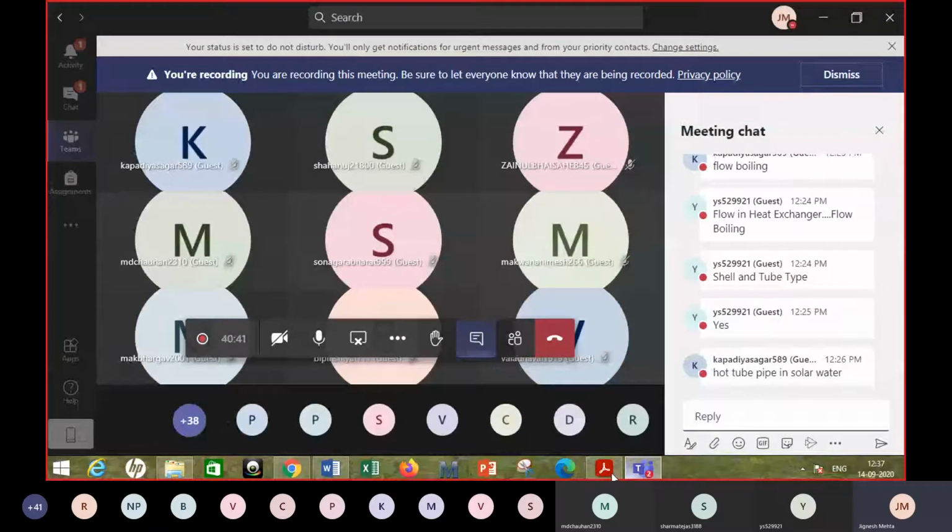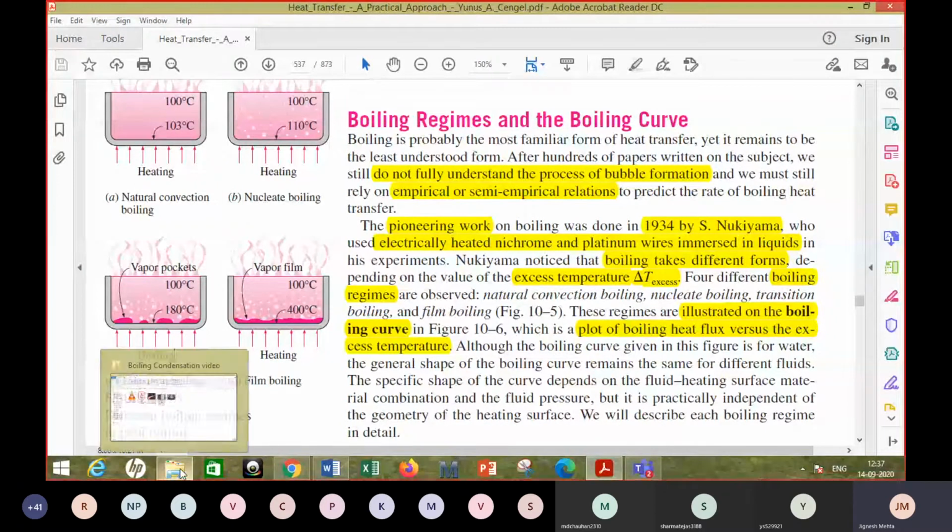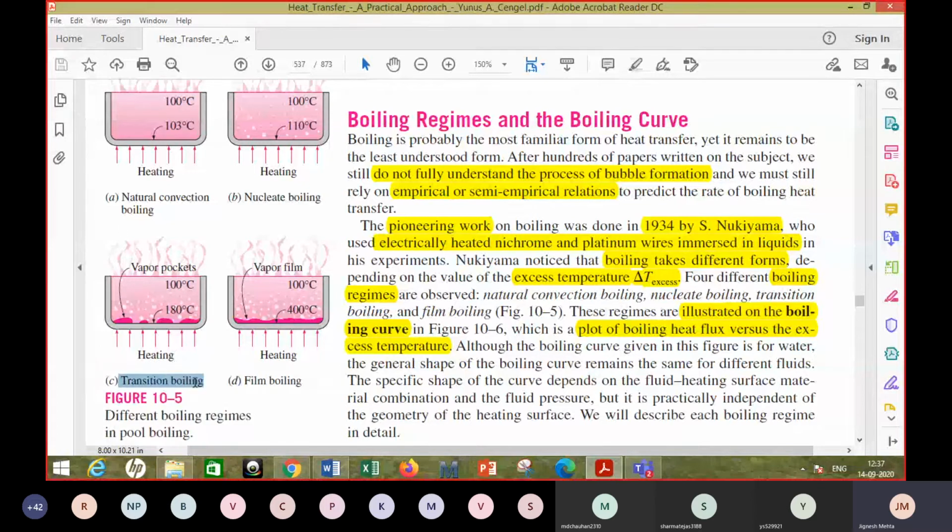Now I'll show you the boiling curve, but before that I think I can show you at least one video, because as I just mentioned, if you want to talk about the transition, this is just one still, one photograph, but at the next second it will be different.